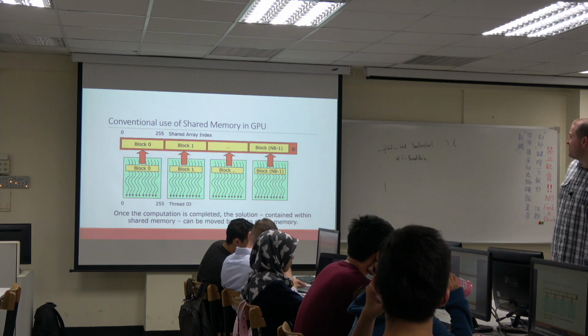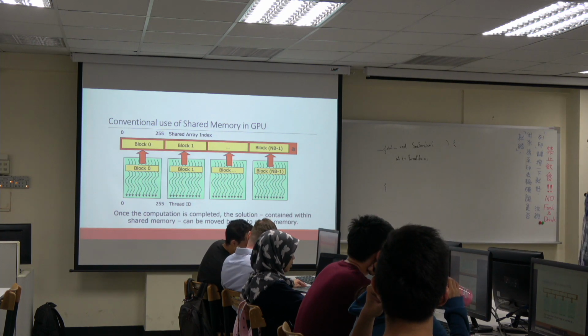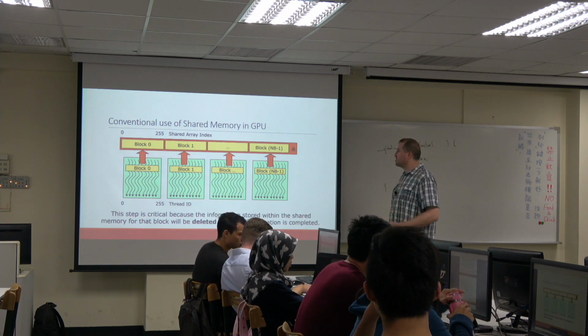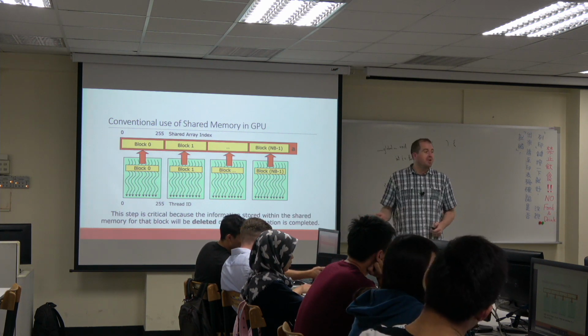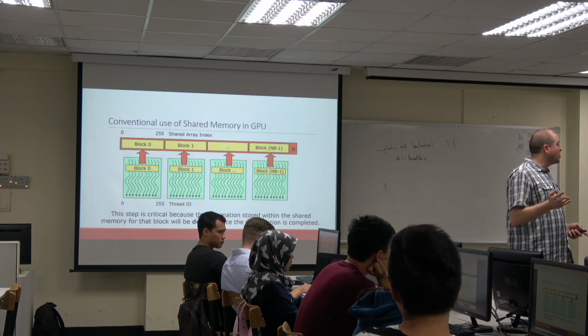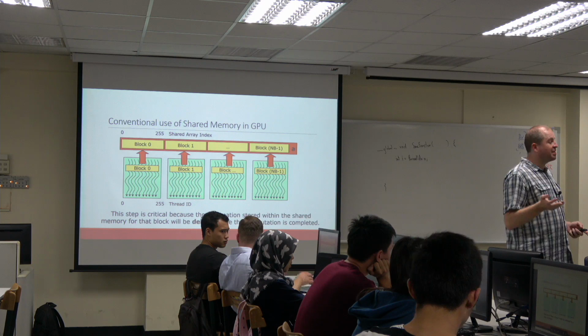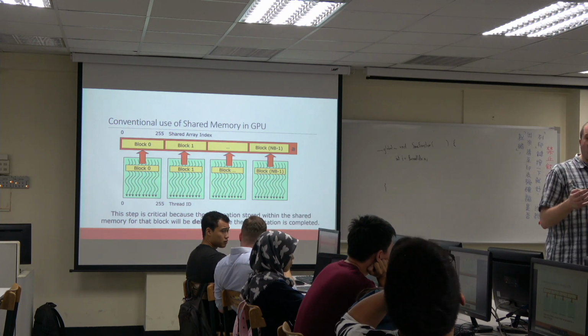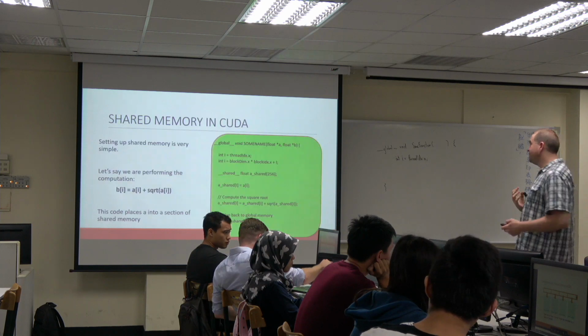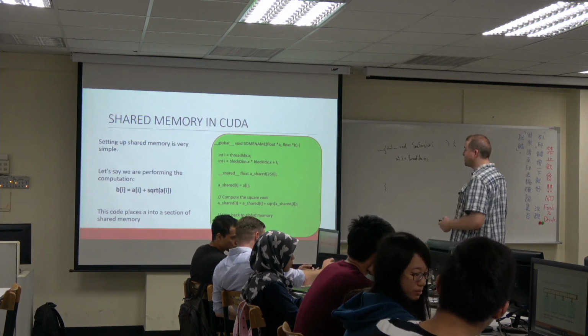It's easy to do. Luckily, it's much easier than the host device copy. We have to copy it back because once all the threads are finished, the memory is erased, because the memory has to be prepared for new blocks and new threads to come and run their computation.